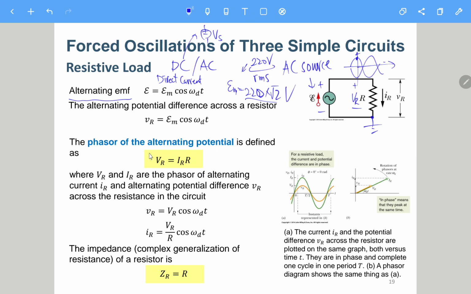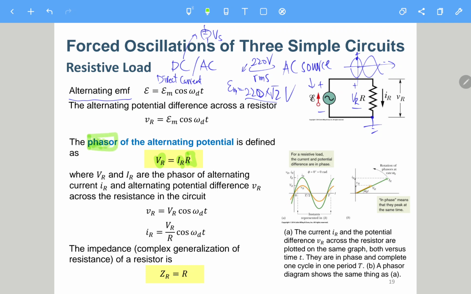Here we try to define something called the phasor. This one is a phasor, this one is also a phasor. Actually, this is a complex number. Why do we need the phasor?